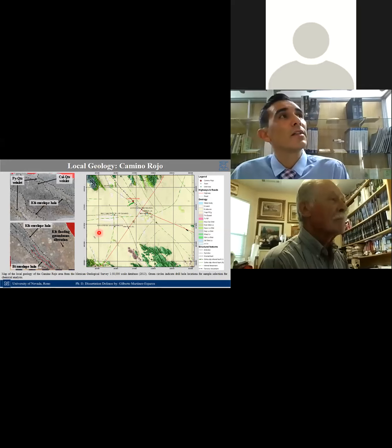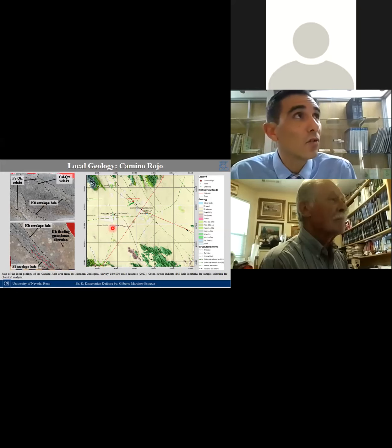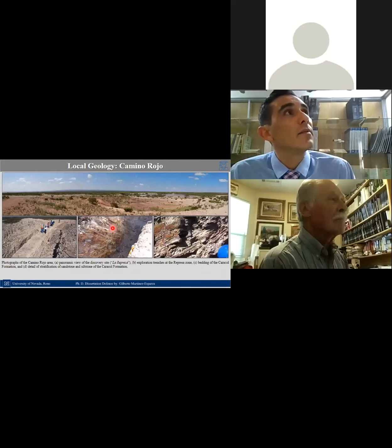As you can see in the geological map, this ore deposit lies in a flat topography. You cannot see a lot of outcrops, only by trenches.